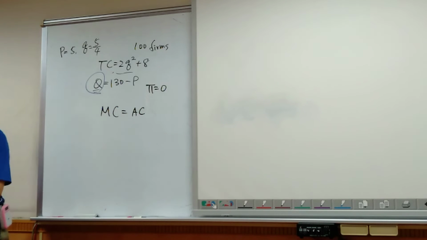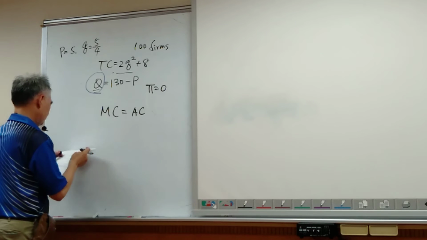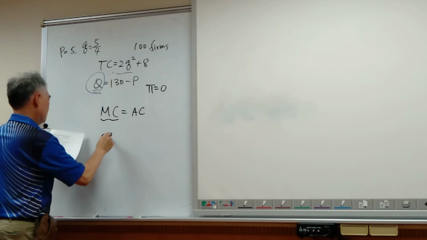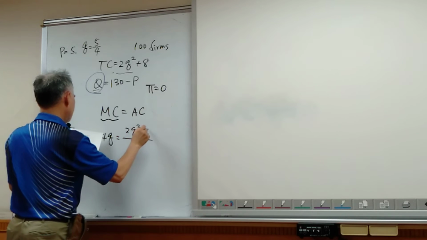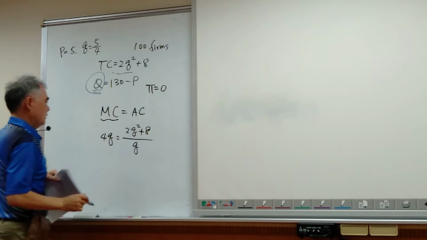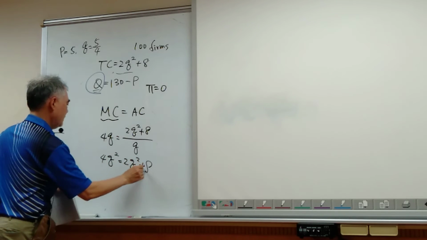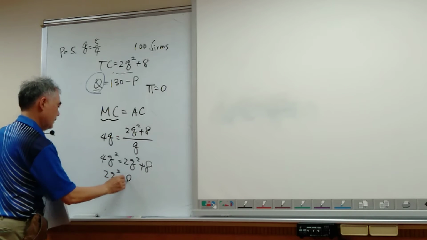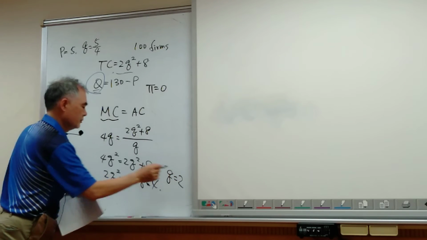Then what are you going to get? Here MC is 4q, and AC is equal to 2q squared plus 8 divided by q. So then you have 4q squared equal to 2q squared plus 8. So 2q squared is equal to 8, and q squared is equal to 4, so q is equal to 2.